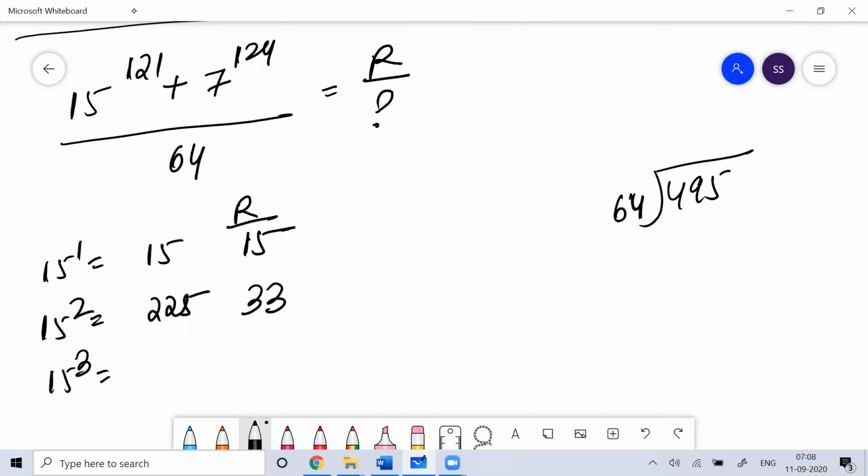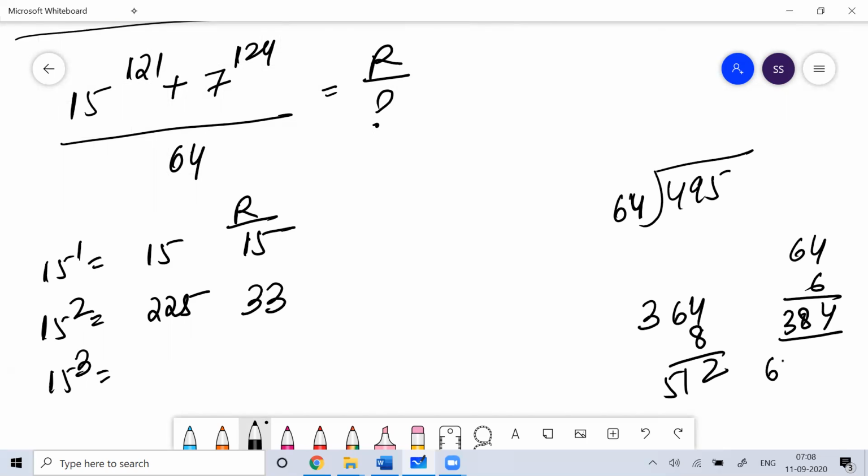So 495 divided by 64: 64 sevens are 448, and the remainder is 47.